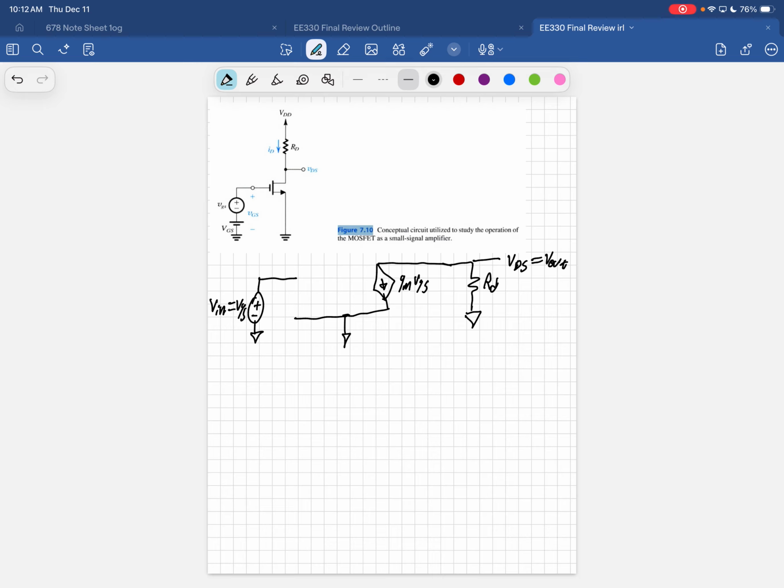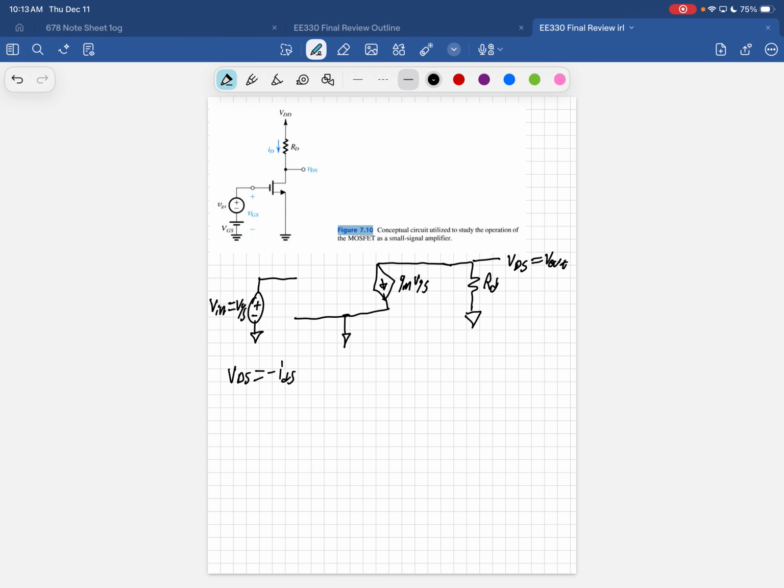Once we know that, then we can start writing this out. So VDS equals, I guess it would be little, right?